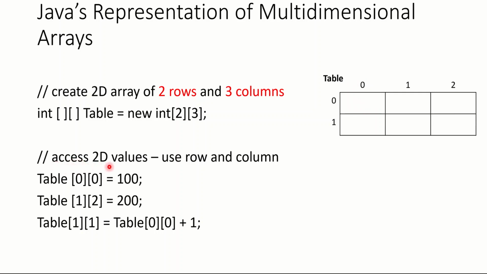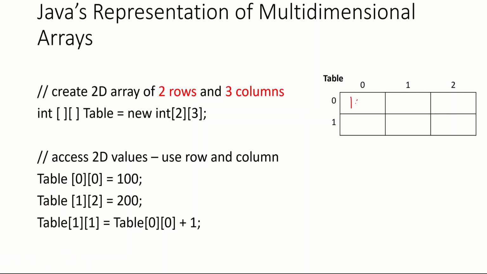Now, how to access a two-dimensional array and how to access the values? Always we have to use the row and the column index. So for example, if I need to go to table, which is my two-dimensional array, at location 0 and 0 equals 100, it means for this table, for location 0 and location 0, which is row 0 and column 0, we have to save the value, and the value will be 100.